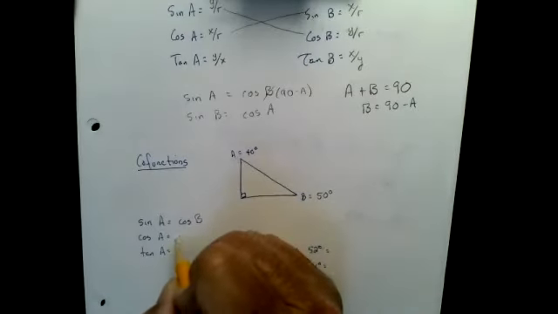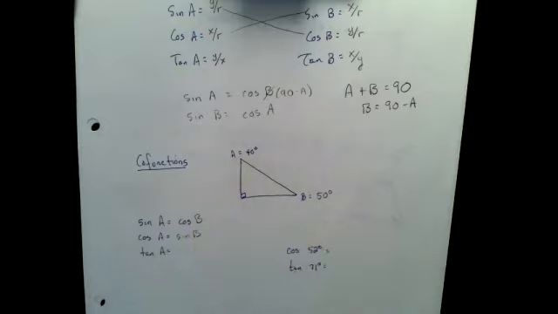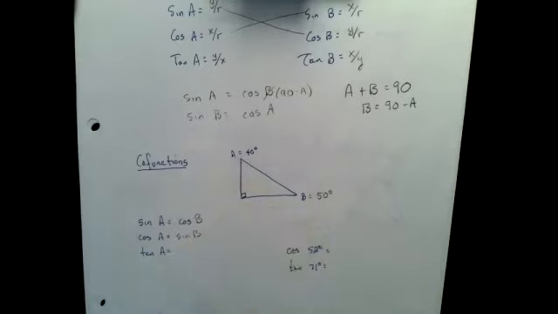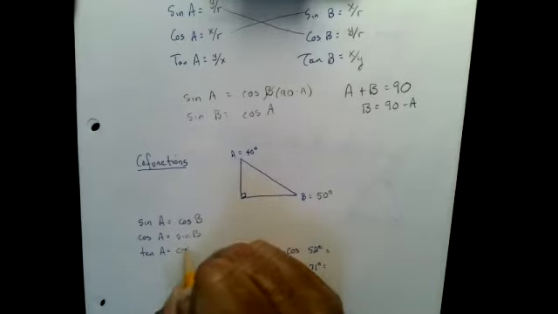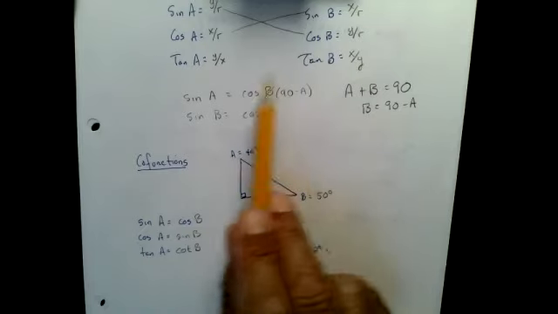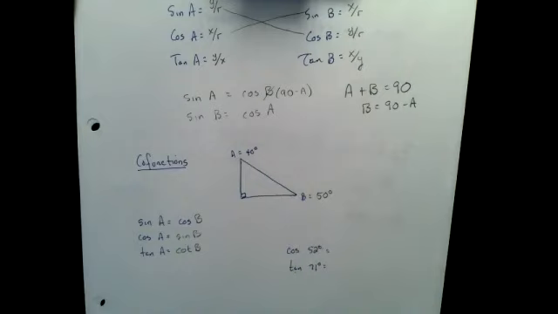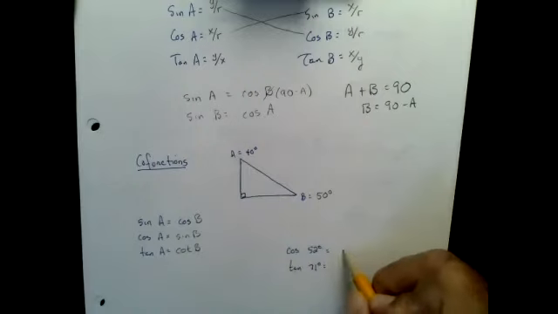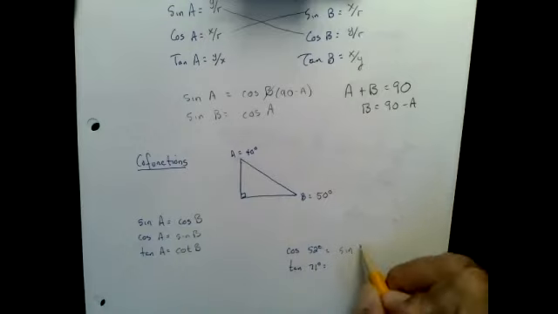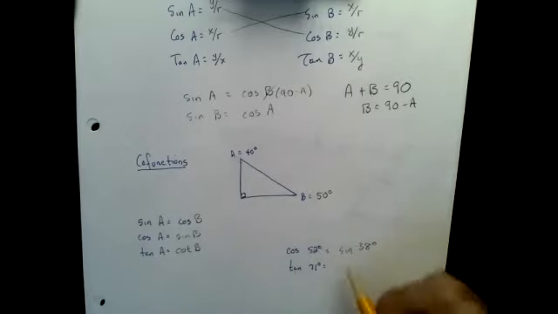Cosine of A, we know that's the sine of B. The tangent of A actually equals the cotangent of B, because it's a reciprocal. Tangent of A equals the cotangent of B. They're cofunctions. So if I said the cosine of 52, you could say, yeah, I know what that is. That's the same as the sine of 38. Very good. 38.